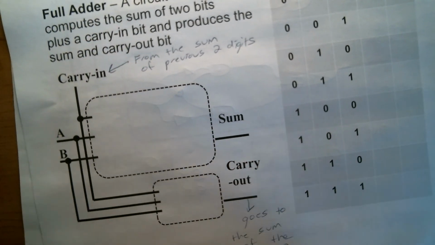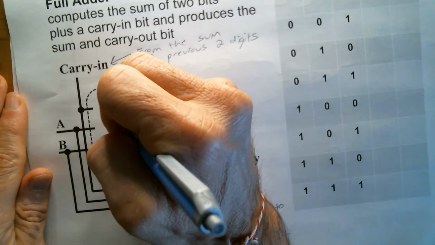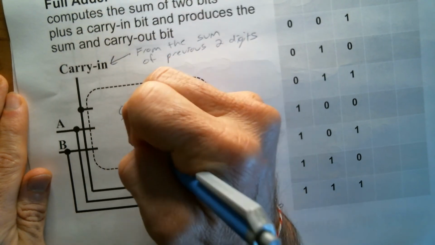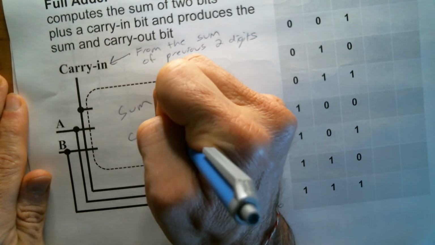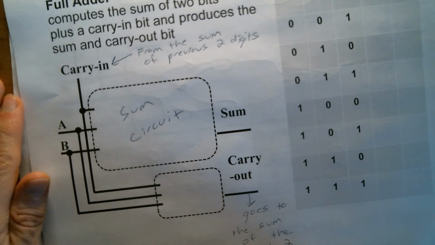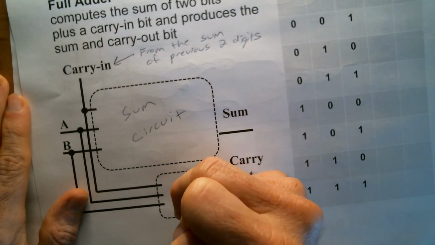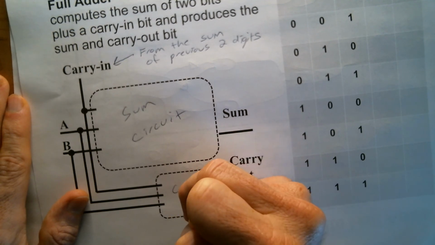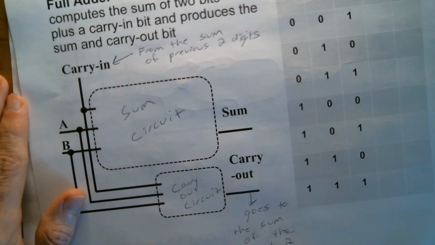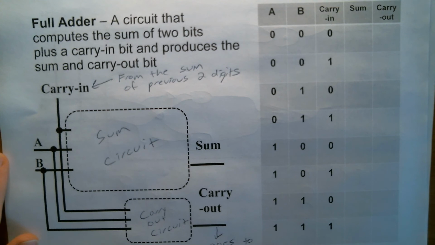All right. And this would just be your circuit. This would be your sum circuit. We're not going to draw the whole thing in there because we're going to run out of space. And this would be your carry out circuit. Question is, what do those circuits look like?